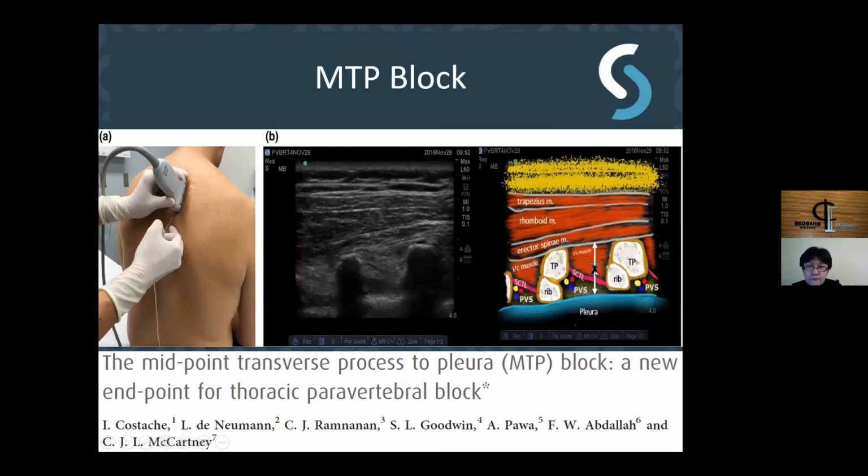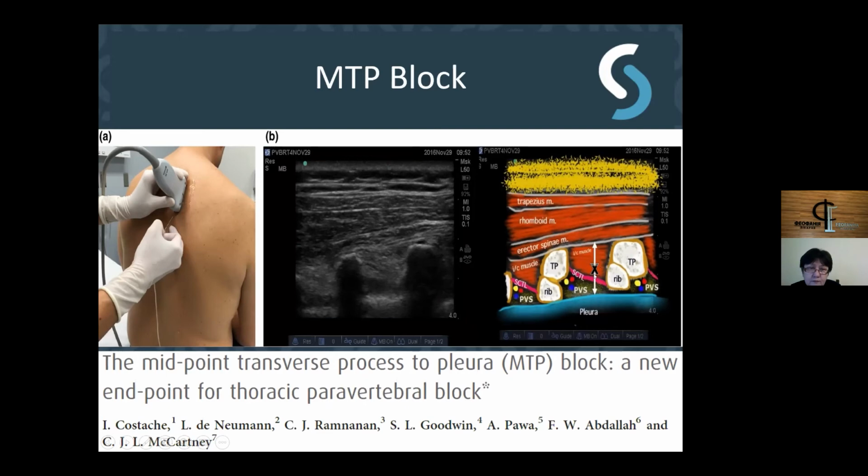And what they found was that this block is obviously less dangerous than your paravertebral block. It is easy to perform, and you just have to be somewhere in that region. It is non-inferior to your erector spinae or to your paravertebral. They have similar pain effects.